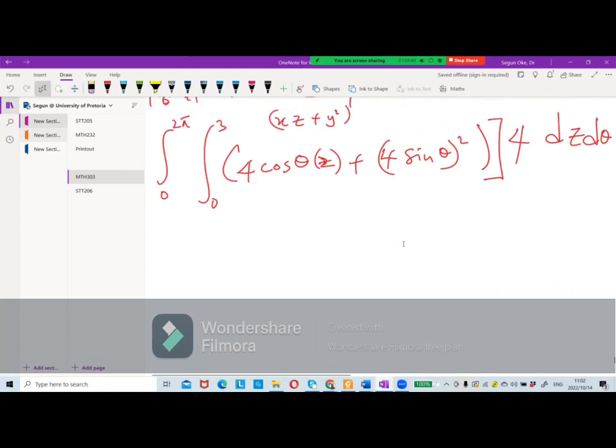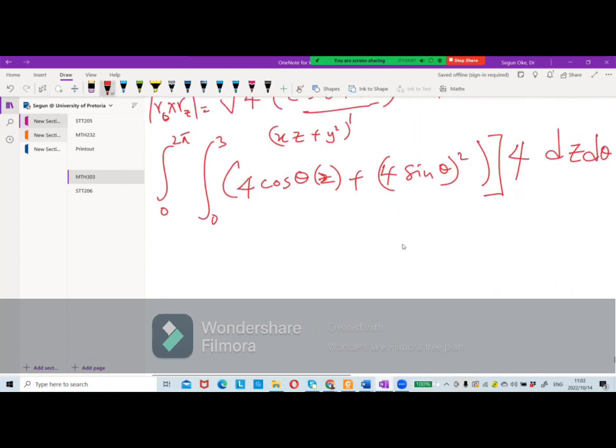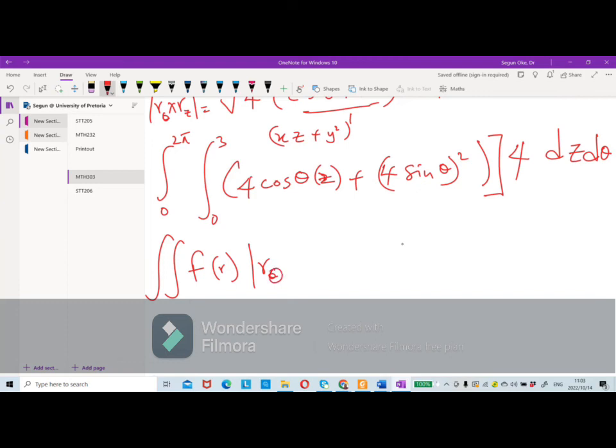Remember, if I want to write this formula down, let's write it in a neater way. This is what we are doing: r theta cross r z, dz d theta.